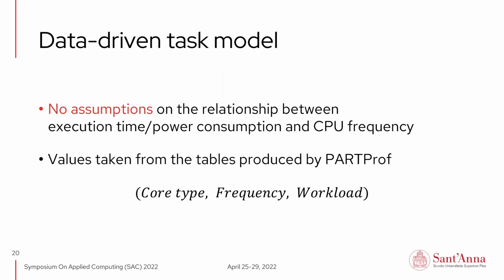In this regard, our simulator improves the original implementation of RTSim in that it does not make any assumption on how the execution time and power consumption will scale with respect to the CPU frequency. Combining these three values precisely identifies the correct table entry to estimate the variations in execution time and power consumption for the selected configuration. Basically, it just replaces the data collected by the profiler on the real target platform.